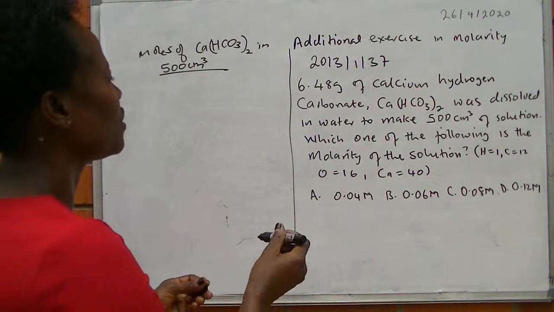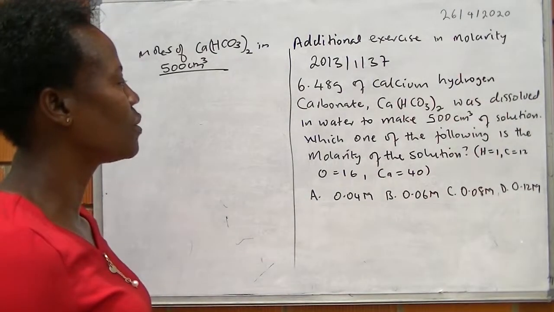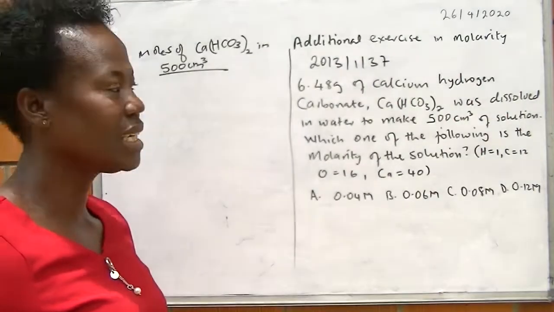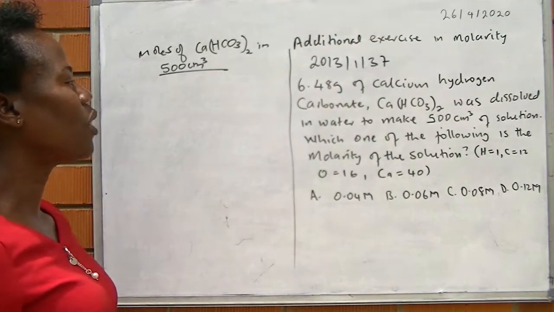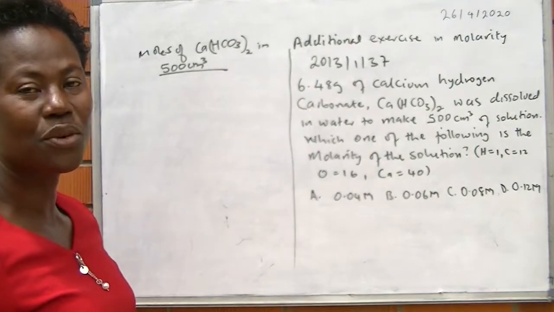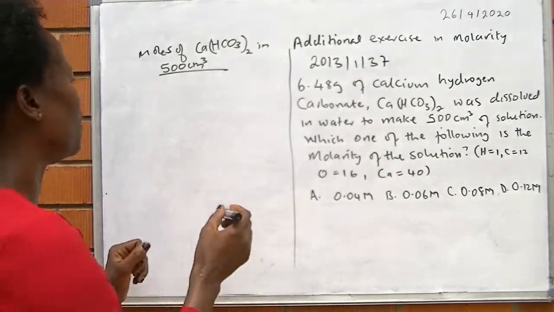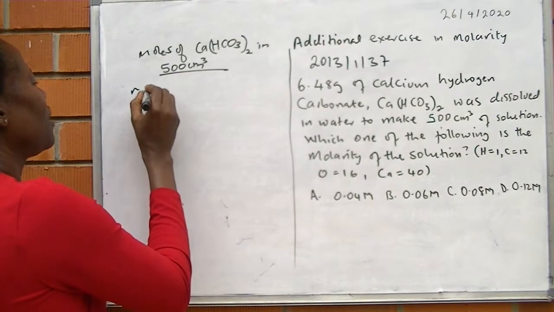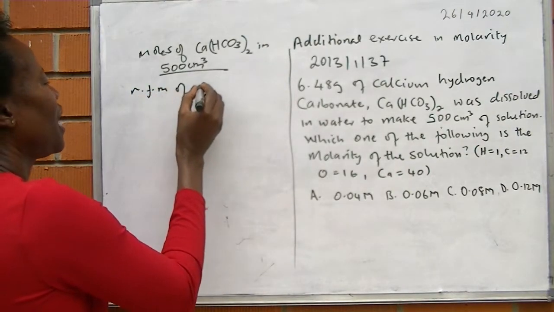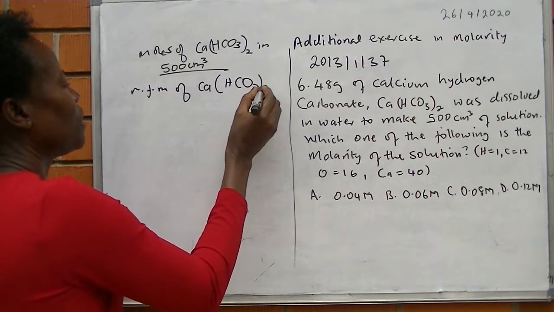By getting the moles that are contained in 6.48 grams of calcium hydrogen carbonate. I told you the moment you are looking for moles and you are given mass, you have to go straight to the relative formula mass of a given compound. So RFM of calcium hydrogen carbonate.